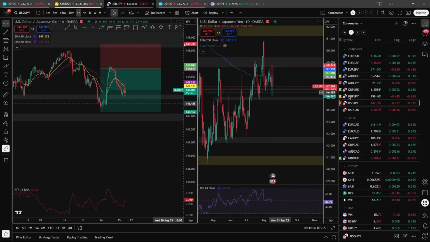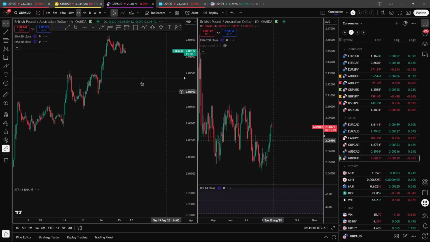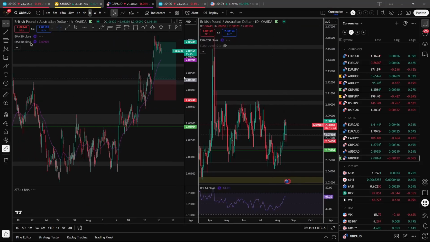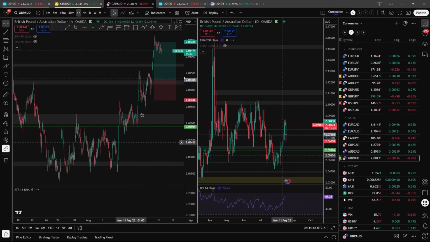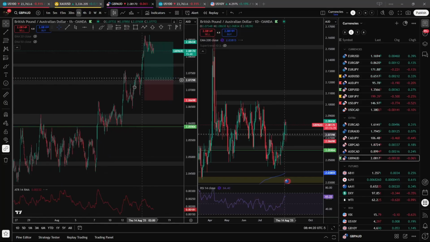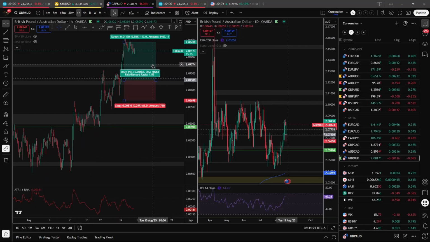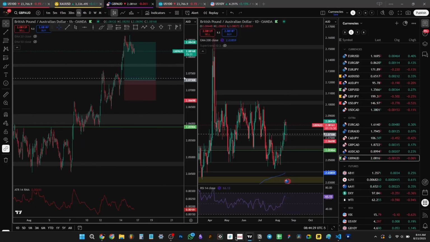So GBP USD is giving the most bullish reading. If we look at the GBP AUD chart, this is a 1 hour time frame. You can see that GBP AUD is bullish on the 1 hour time frame. Given that my system is saying that I should be bullish GBP AUD, I'm just waiting for pullbacks to buy.